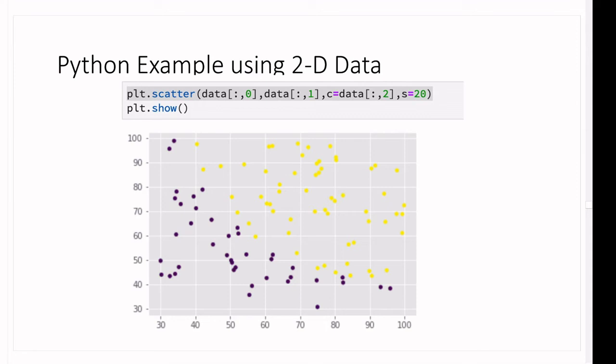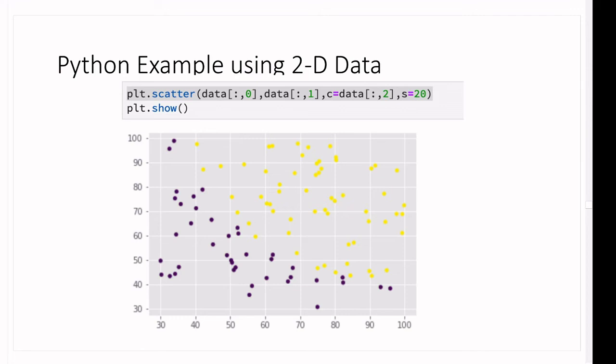In this particular case, of course, the boundary is not a linear boundary because we cannot really separate the yellow points from the violet points using a line. But if we apply our logistic regression model, we will end up with a linear boundary which will do as well as it can for this particular problem.